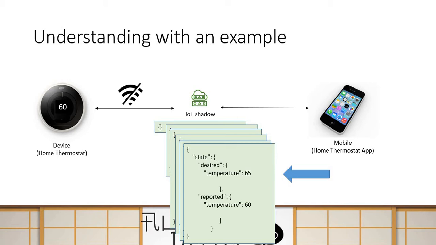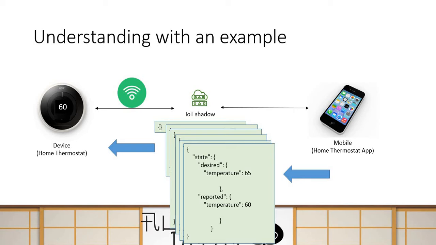Since this state is stored inside IoT Shadow as the latest state, when the device comes online, it can fetch it, and generally that's what you build into your device framework: when the device comes from offline to online, it will fetch the latest shadow document or state document.